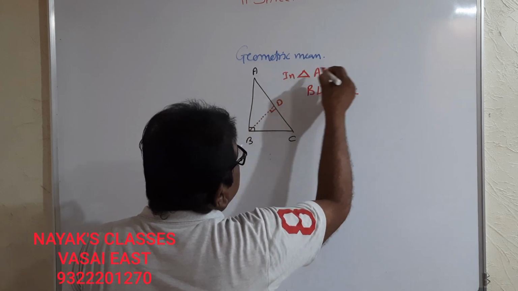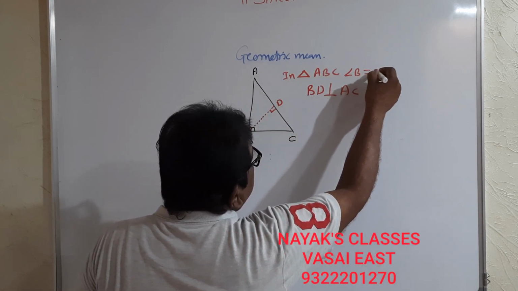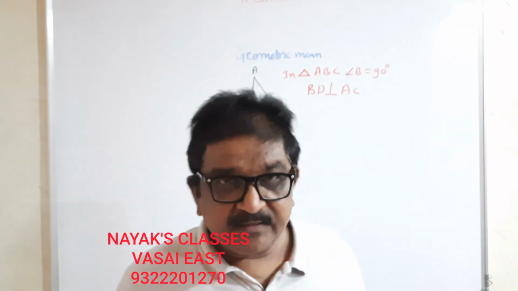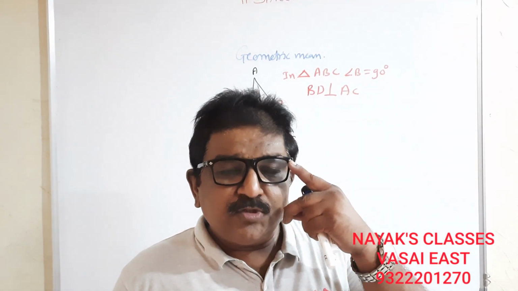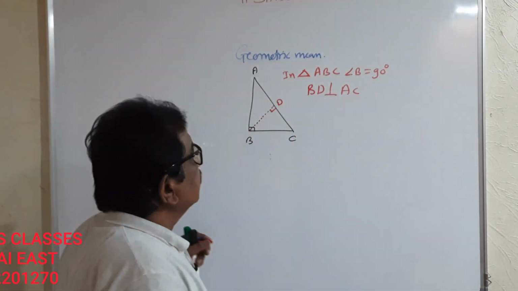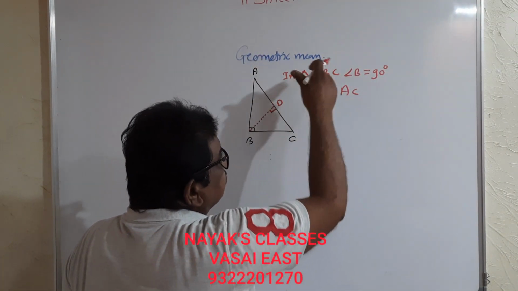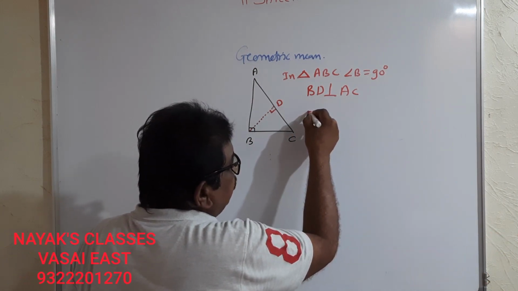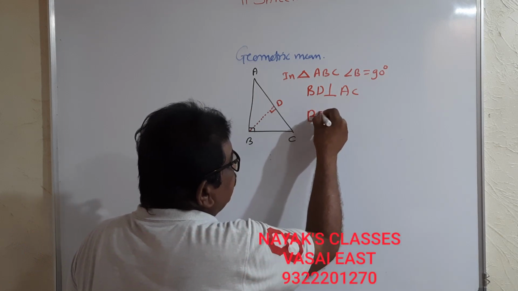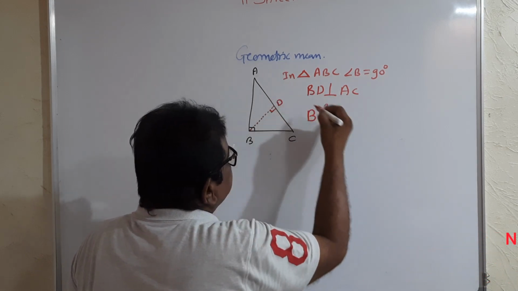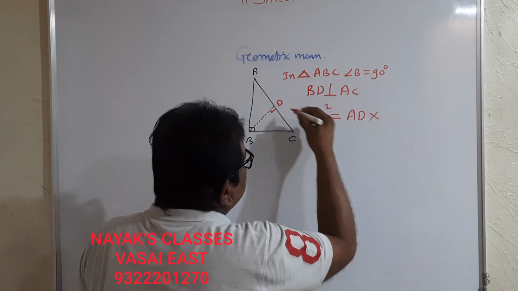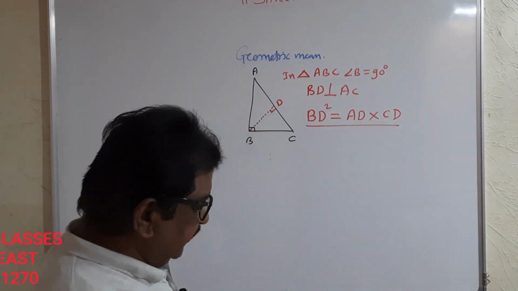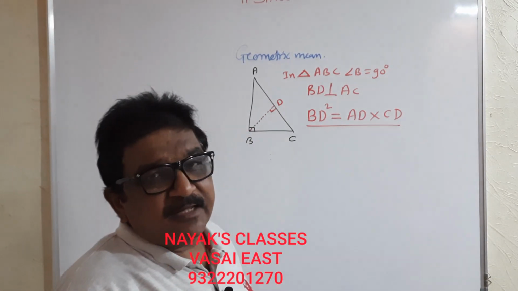In triangle ABC, angle B is equal to 90 degrees. If these two conditions are there, triangle ABC is a right angle triangle and BD is perpendicular to AC, then geometric mean says BD square is equal to AD into CD. We can check by taking another triangle.